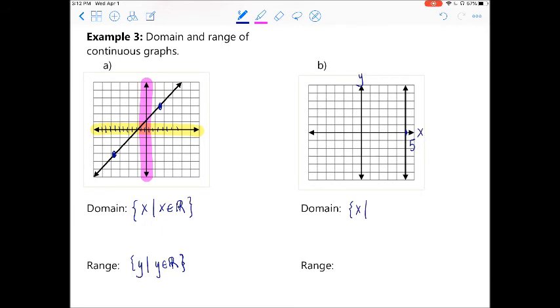So we have to say x has to equal 5, and 5 only. For y, though, notice y is defined everywhere. So we can say y is all real.